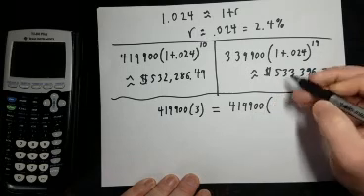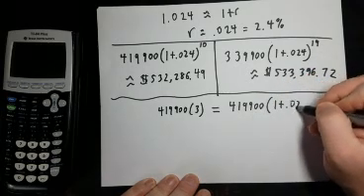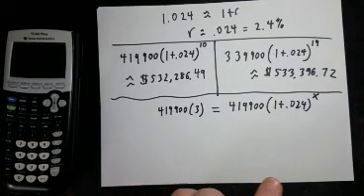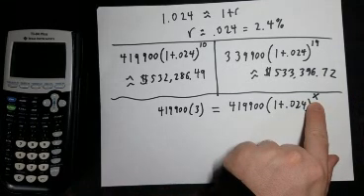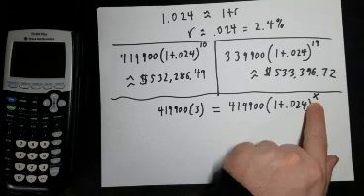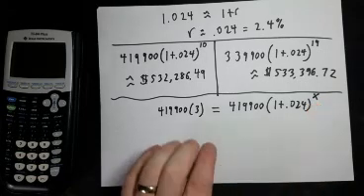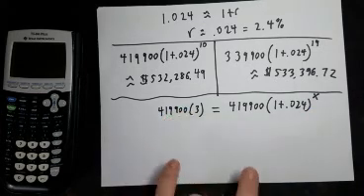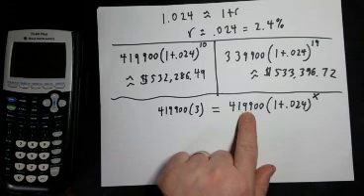419,900, parentheses 1 plus 0.024 to the x power, because the question is asking when will it triple in value, meaning that we have to find out how many years that will take. Now, the reason why I didn't do this calculation on the left is because your first step would be to divide by this 419,900.